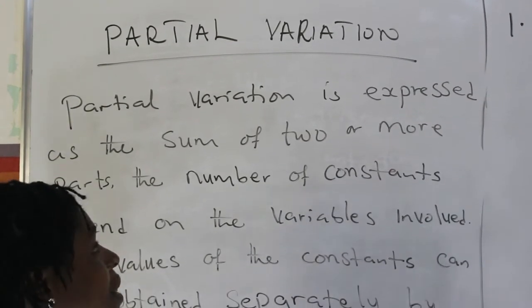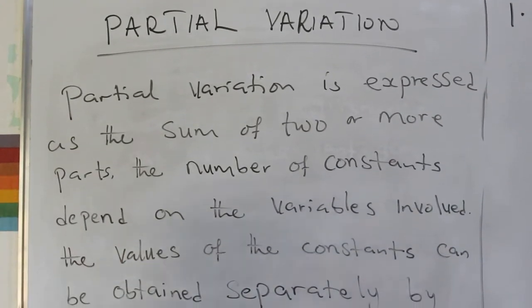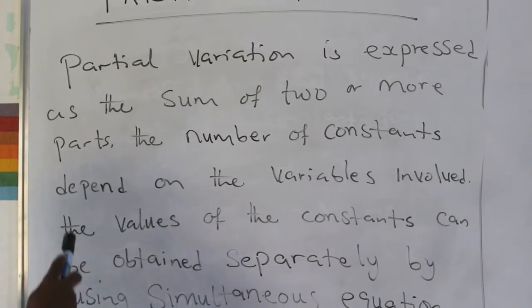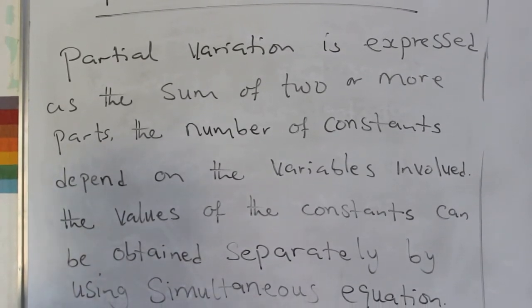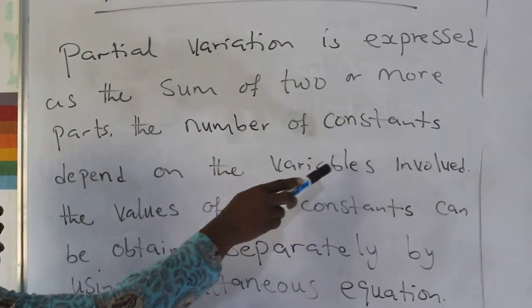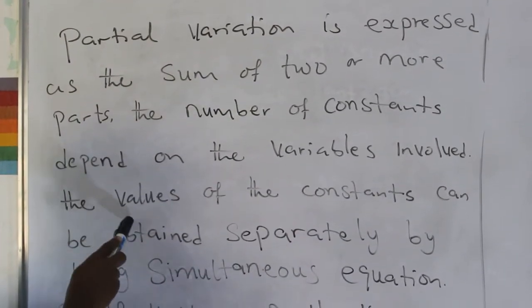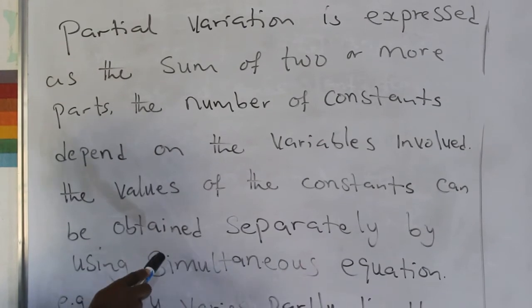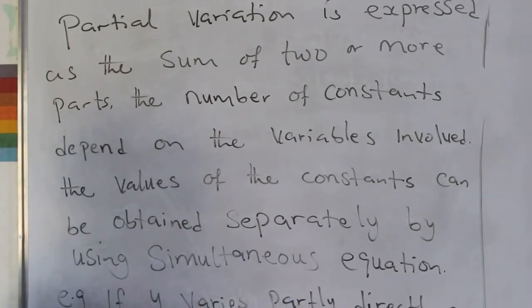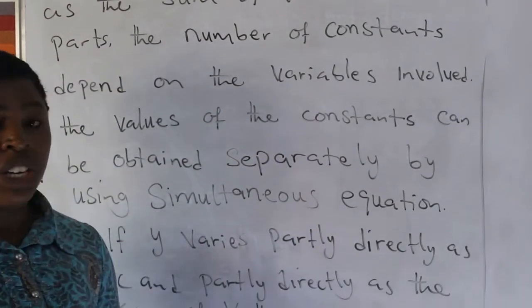So we say partial variation is expressed as the sum of 2 or more parts. The number of constants depends on the variable involved. The values of the constant can be obtained separately by using simultaneous equations.